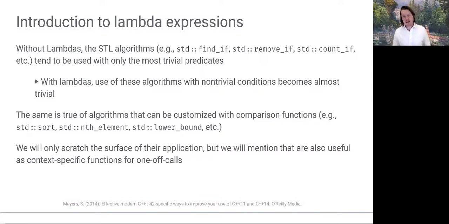The same that we've just mentioned about these algorithms is true of algorithms that can be customized with some sort of comparison function. Sort, nth element, and lower bound are examples of these, to which you can pass a lambda function, a function pointer, or a function object that dictates how some comparison is to be performed, similarly to how our filter function took a function that determined the criteria for the filter operation.